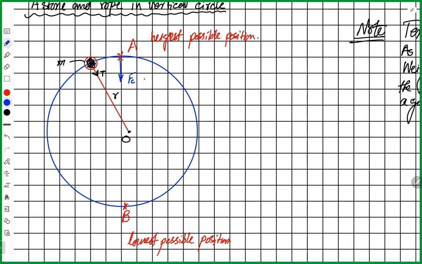Gravity is acting downwards. Tension is downwards.